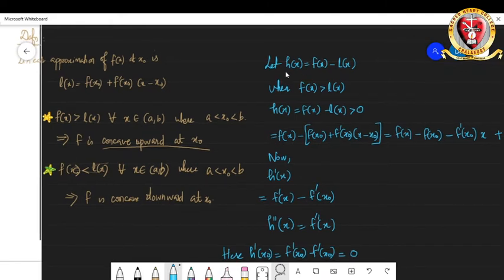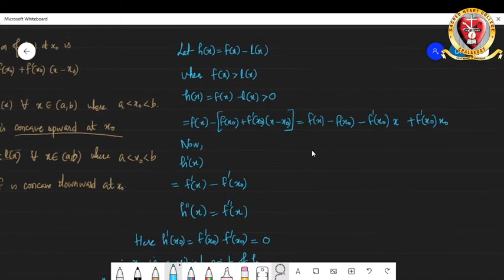Suppose we define the difference of f of x and L of x as h of x, that is h of x is equal to f of x minus L of x. When f of x is strictly greater than L of x, that is when the function is concave upward, you get h of x is equal to f of x minus L of x, which is strictly greater than 0. That is equal to f of x minus, substitute the equation for L of x, f of x naught plus f dash of x naught into x minus x naught.